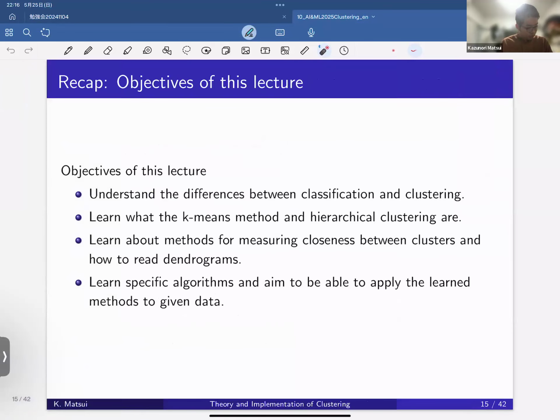Okay, let's move on to hierarchical clustering next. In hierarchical clustering, data is given and we get a cluster assignment.